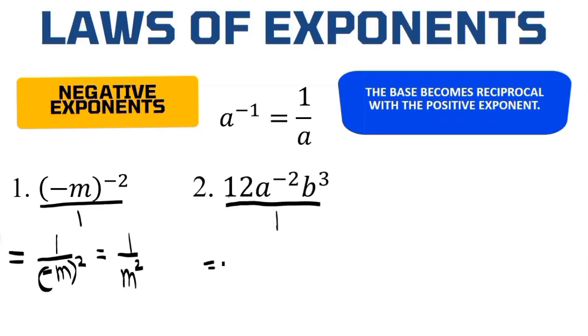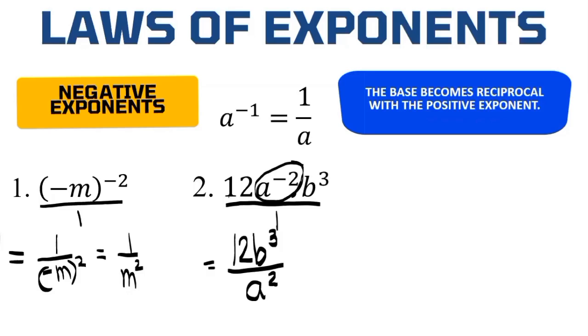So if you have noticed, not all coefficients here are raised by negative exponents. So therefore, we'll just focus on this one. We'll just get the reciprocal of a raised to negative 2. With that, if it's in the numerator, all you have to do is place it in the denominator and change it to a positive exponent.